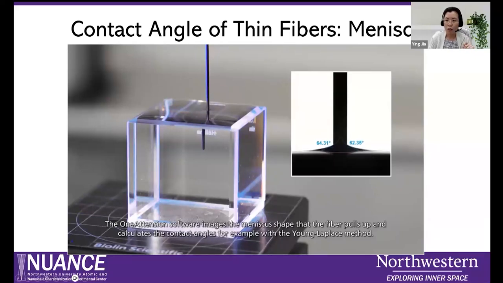So there is a different method of measuring the contact angle of thin fibers. We're still using this quartz chamber, and you insert the sample into the water, and at the surface you can see the water surface curves up, and this is how to measure the contact angle over here.